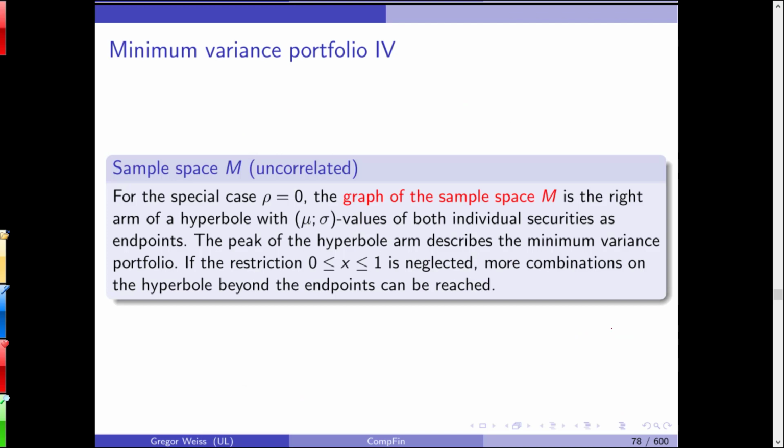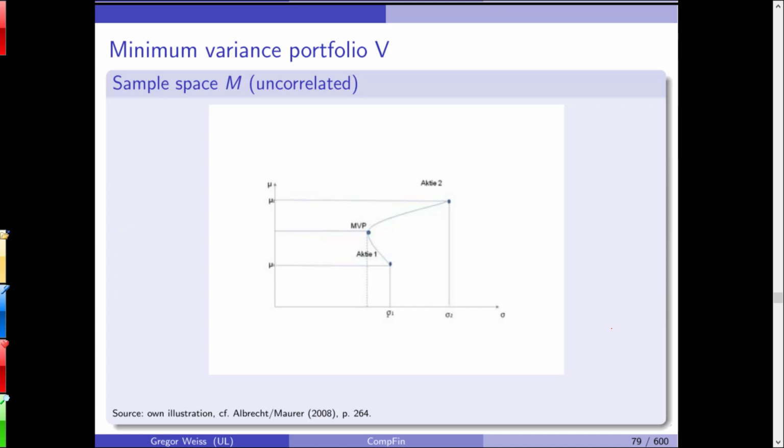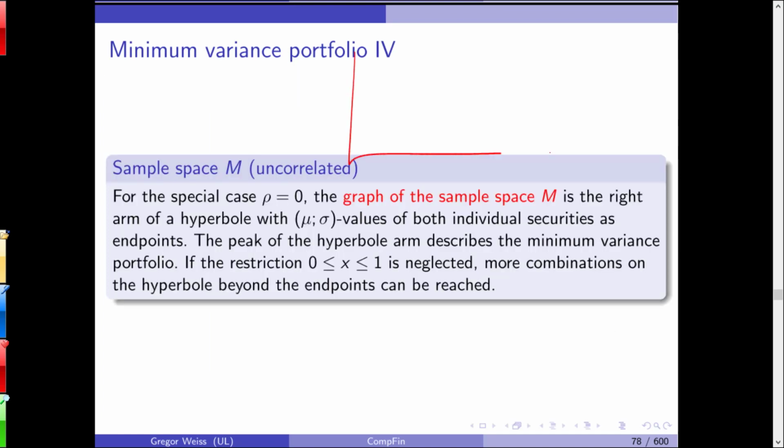And for the special case of no correlation, the plot of this sample space M is the right arm of a hyperbola that starts in the minimum variance portfolio and increases monotonically from that on. What do I mean? Well, you have the volatility here, the expected return here.